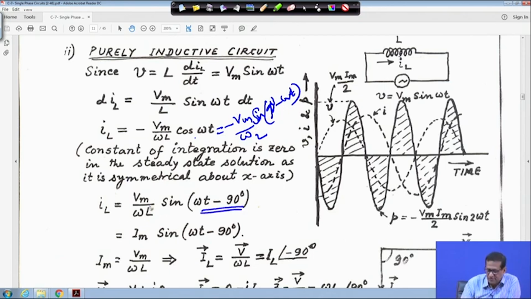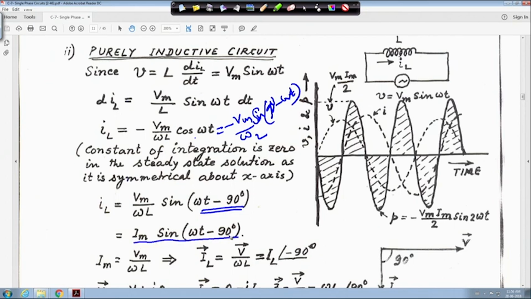That is why IL is equal to Vm upon omega L sin omega t minus 90 degree, right. That means it can be written as Im sin omega t minus 90 degree, where Im is equal to Vm upon omega L, right.